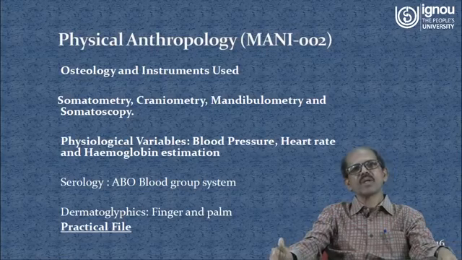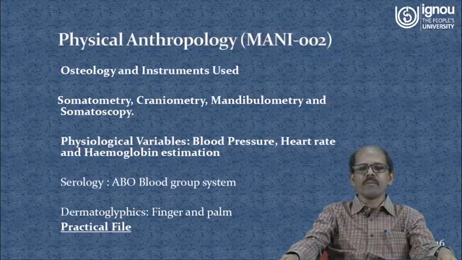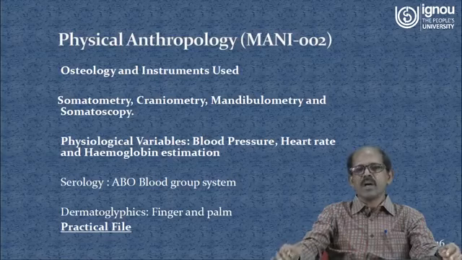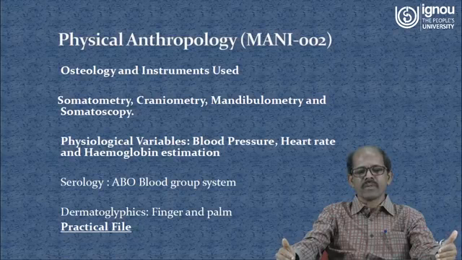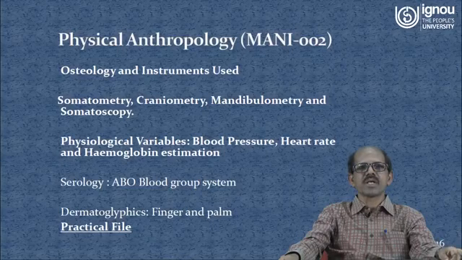To understand human evolution and variation, anthropometry is a basic tool which has been used by anthropologists for many years to understand these 2 basic aspects, that is variation and evolution. So, before going further, first chapter is osteology and instruments.